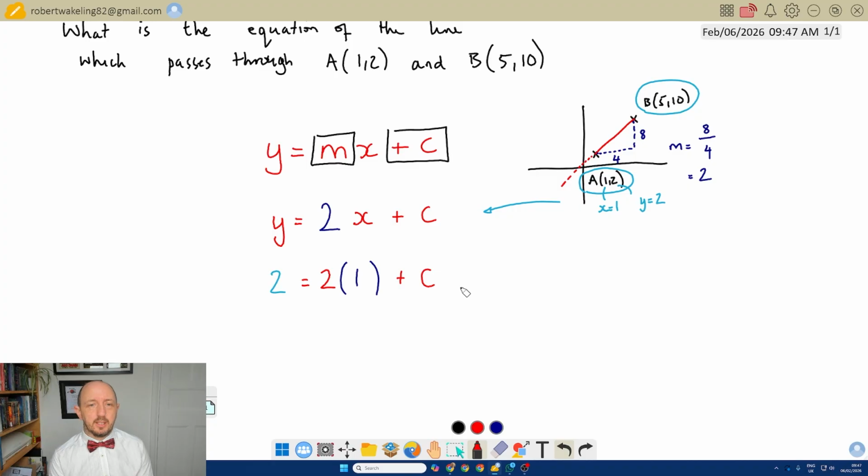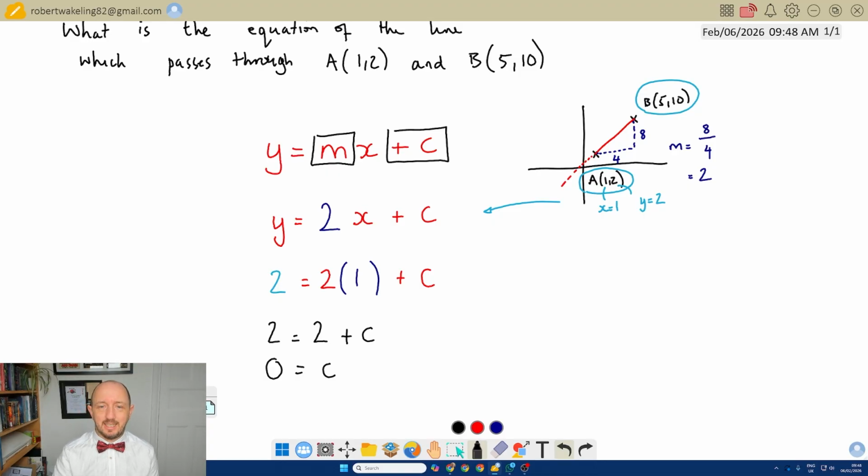So I replaced x with a 1. The 2 was already there from the gradient. That could be a little bit confusing, but the y value was the 2 from here. So we clean up this equation: 2 equals 2 times 1 plus c. Subtract 2 from both sides, and I get c equals 0.